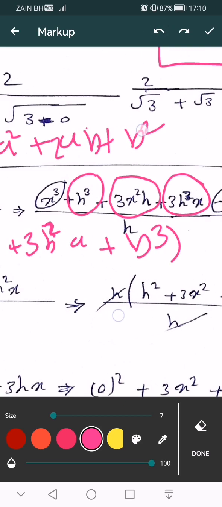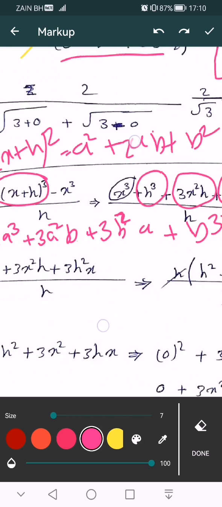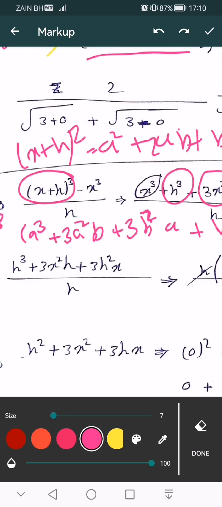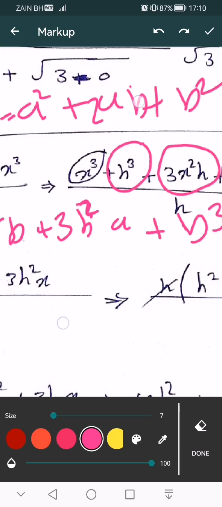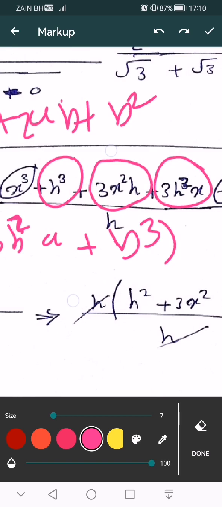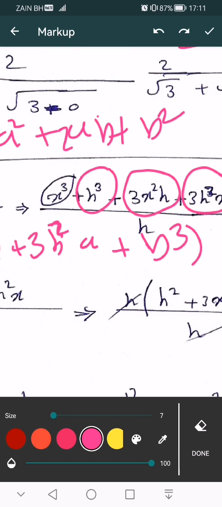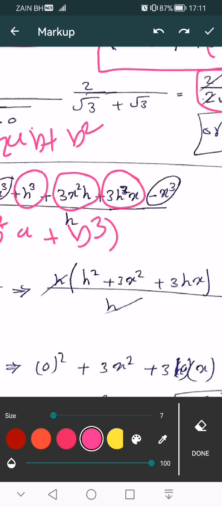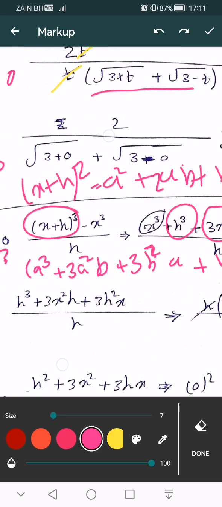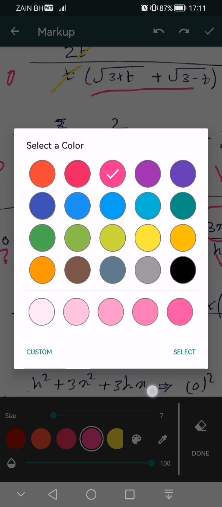I can replace anywhere the multiplication and addition relation. Okay, so the first cubed plus 3 times the first squared times the second plus 3 times the second squared times the first plus the second cubed. Okay, direct and straightforward.